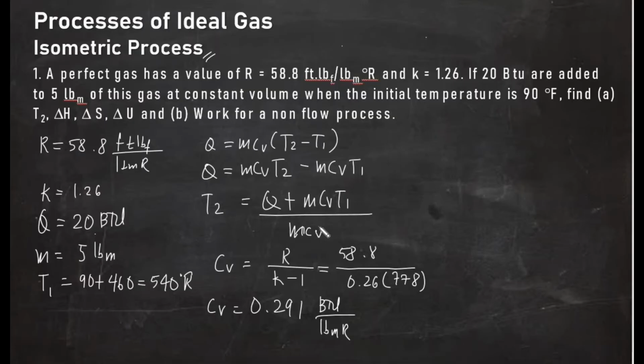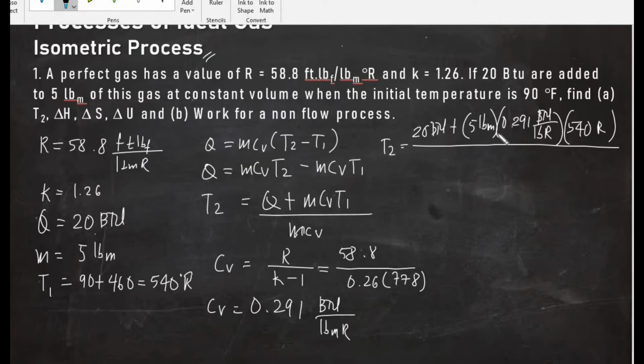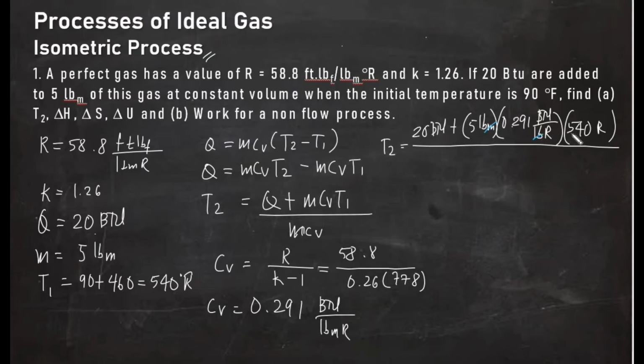We are now ready to substitute to solve for T sub 2. Q is 20 BTU, plus 5 pound mass times 0.291 BTU per pound mass Rankine times 540 Rankine. Notice I cancel the units: pound mass is cancelled, Rankine is cancelled, and we have BTU plus BTU.